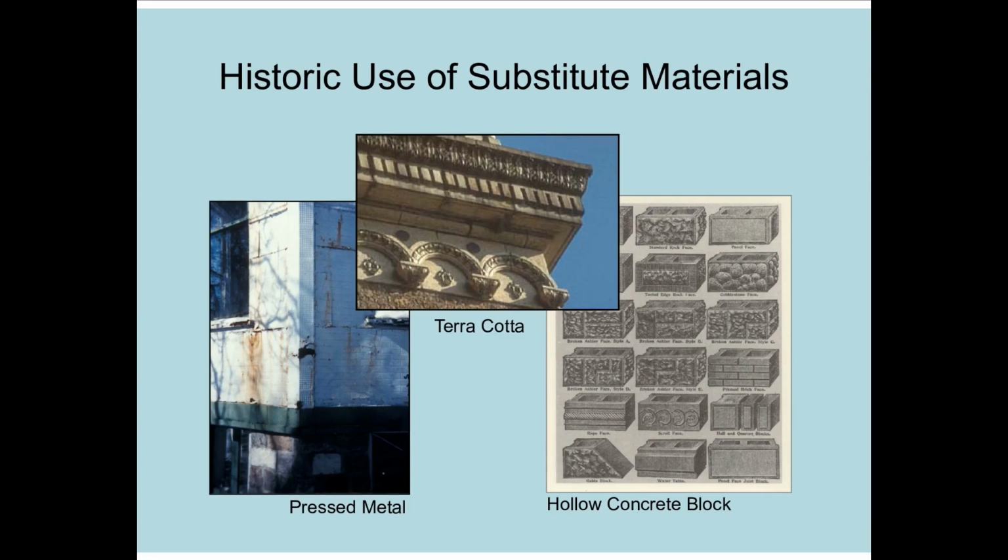In the late 19th century and early 20th century, new technologies developed more economical, practical, and durable products such as hollow concrete block, pressed metal, linoleum, and embossed wall coverings that could be used in place of more expensive building materials.